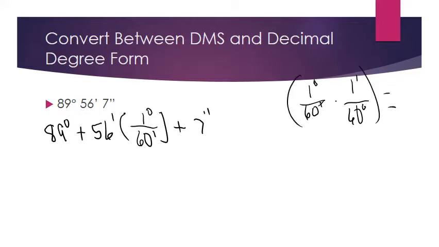My minutes are going to cancel. I'm going to be left with seconds no matter what. And so I've got a ratio of 1 degree over 3,600 seconds. All right. So I can take the 7 seconds and multiply it by this conversion ratio, 1 over 3,600 seconds.